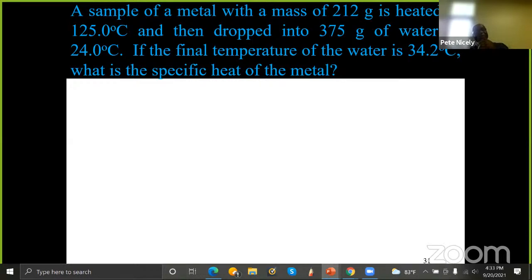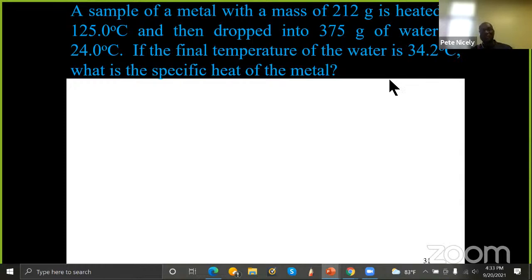So basically that means the amount of heat lost by the metal will be equal to the amount of heat gained by the water. As a result, the temperature of the metal is going to fall from 125, and the temperature of the water is going to rise from 24 degrees until you get to a temperature in between those two. According to the question, that temperature is equal to 34.2 degrees Celsius.